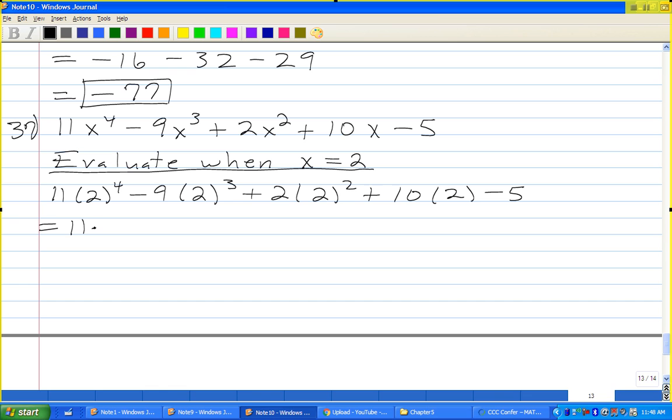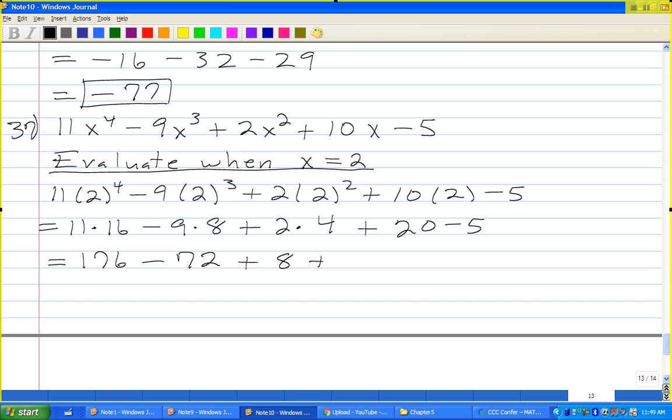2 to the 4th, 16. 2 cubed, 8. 2 squared, 4. 10 times 2, 20, minus 5. 11 times 16, 176. 9 times 8, 72.